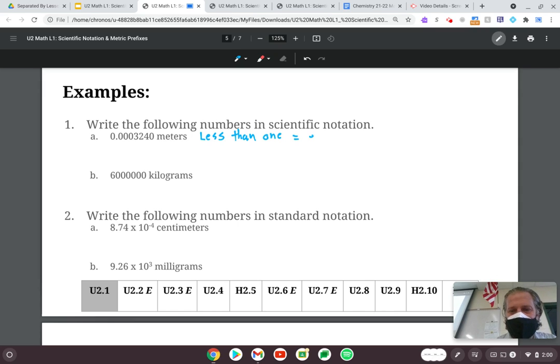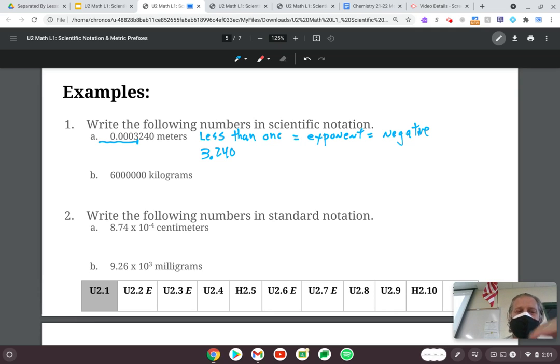So that means that my exponent has got to be negative. And then what I usually do is I look for that first non-zero digit, and I see the first non-zero digit is a 3. So I put a decimal after it, and then I just write 240. Technically, you don't need to write the 0, but I do because it makes me feel better about it.